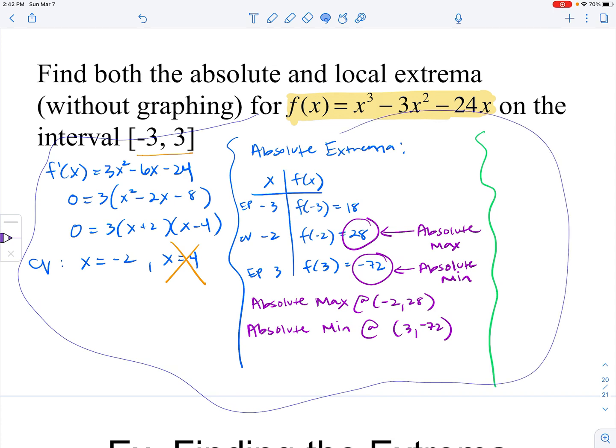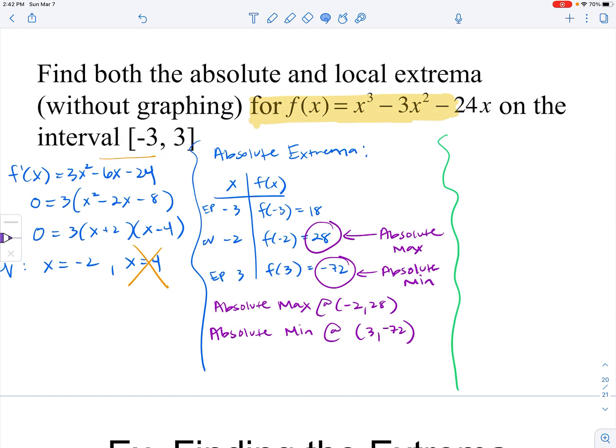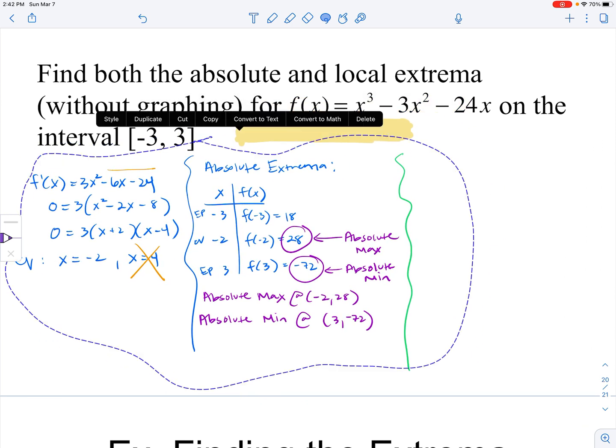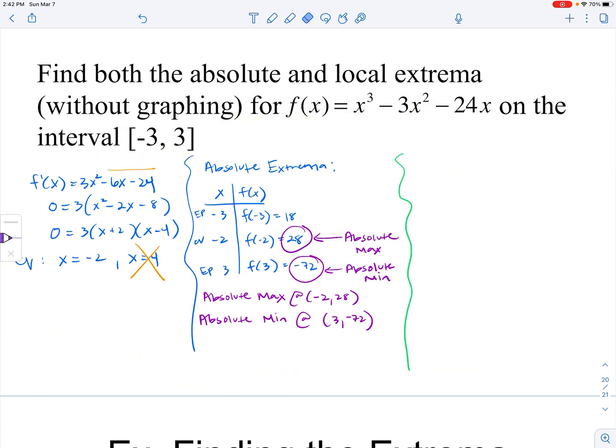And then we were also asked for the local extrema. So just for practice from section 3.4, I'm going to move this over a little bit, shrink it down. So we're still on this closed interval.